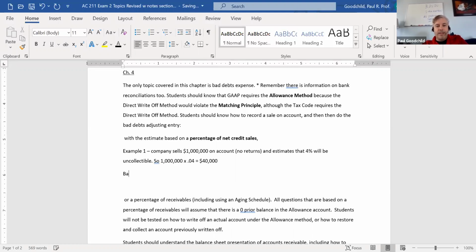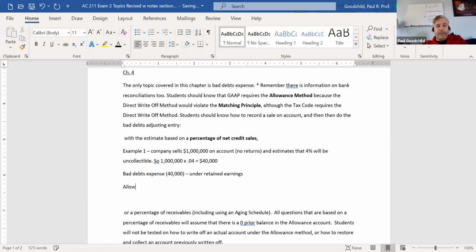So you have bad debts expense, $40,000. Remember, that's under retained earnings.